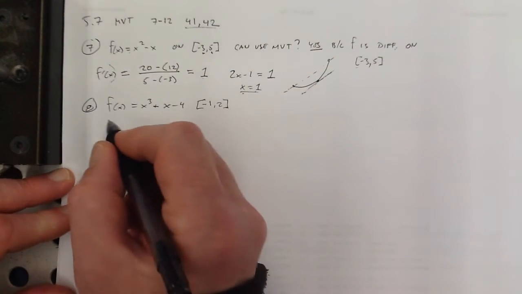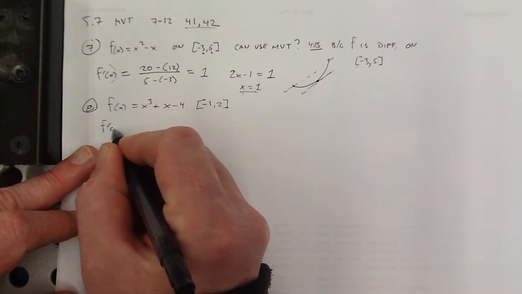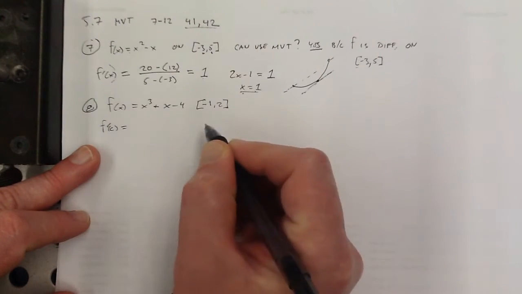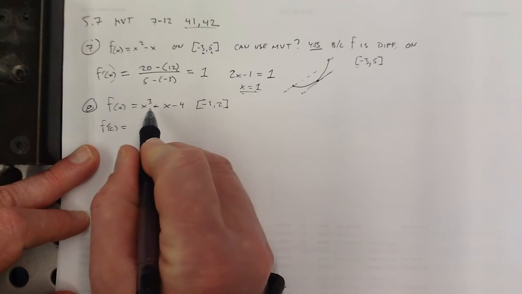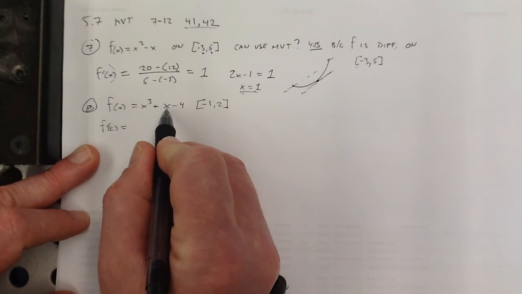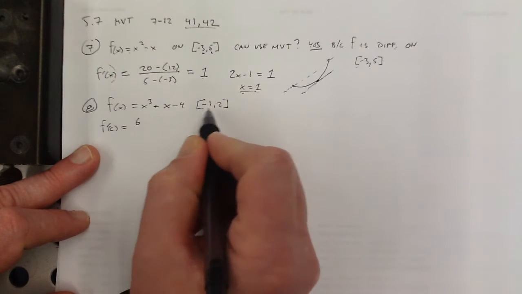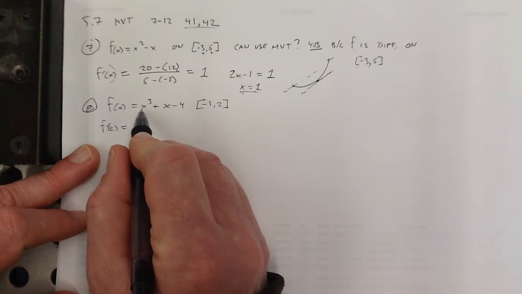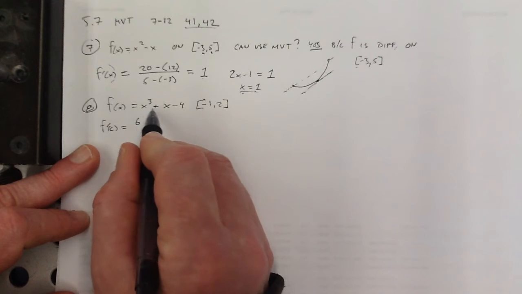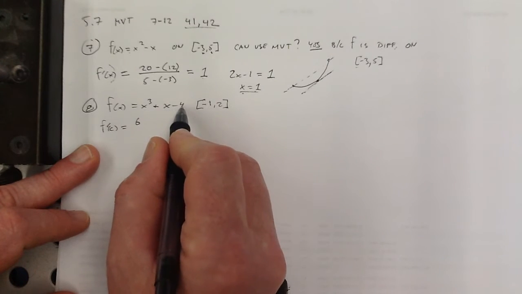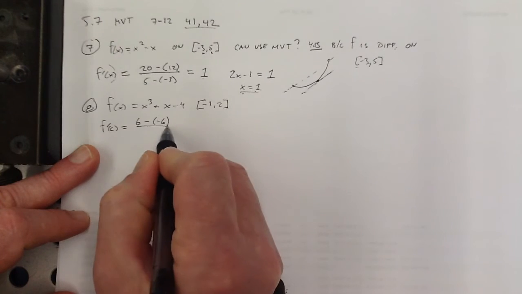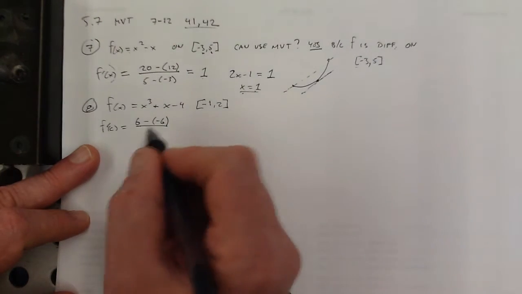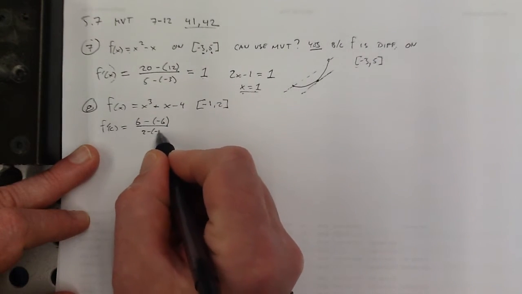The mean value theorem says that f prime of c must be equal to the average slope, which is plugging 2 in, that's 8, plus 2 is 10, minus 4 is 6. Plug in -1. -1 cubed is -1, minus 1 is -2, minus 4 is -6, over 2 minus -1.